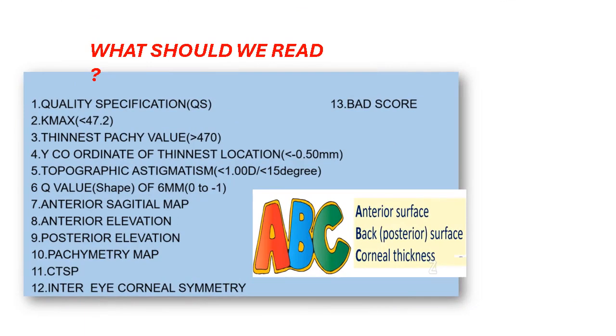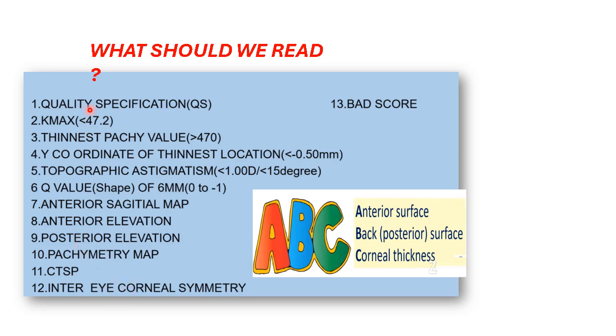As I said earlier, the aim of this lecture is not to go through the details or the basic reading of the topography map. As you can see, there are a lot of points that you need to look at and go through in the topography map.